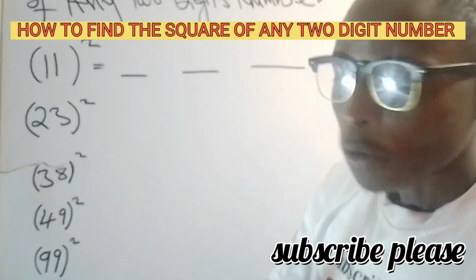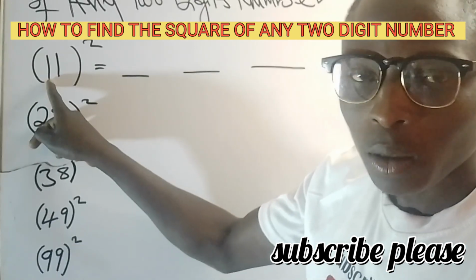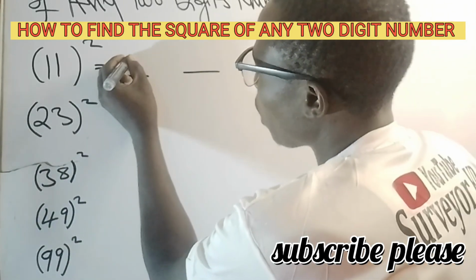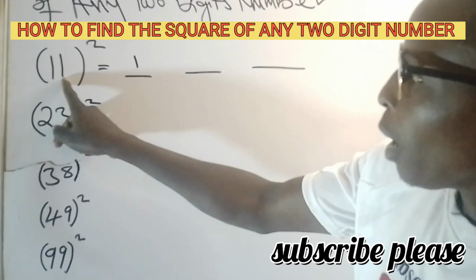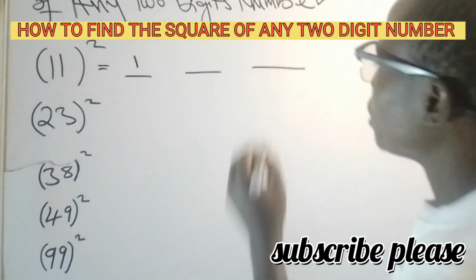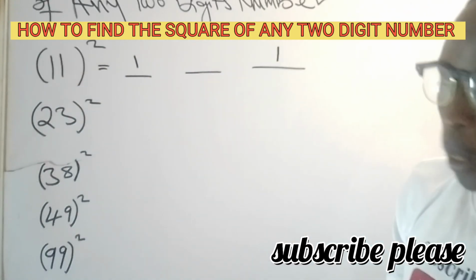So we find the square of the first number, and the square of 1 is 1. We find the square of the last number, which is 1, so we put 1.